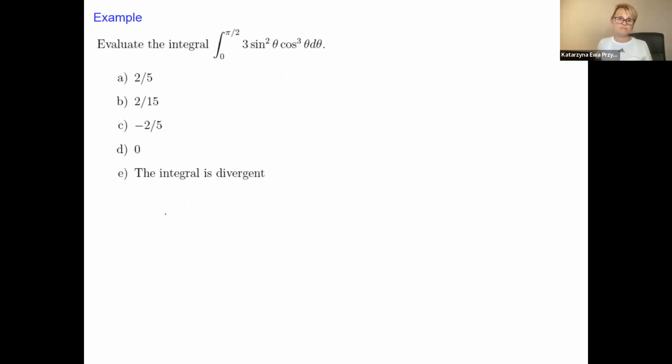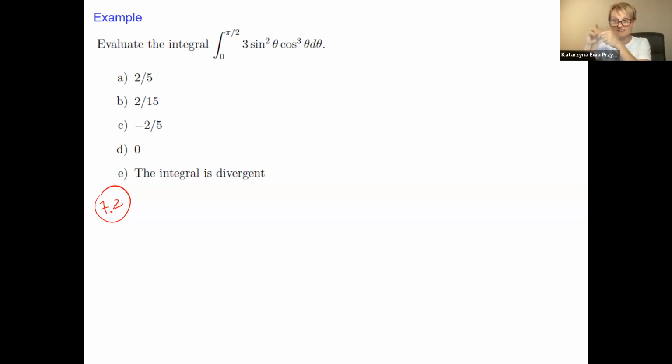Sine squared times cosine cube. What substitution can we make? I really recommend going through section 7.2, nice integrals. This is typical. We have an odd power, cosine cube.